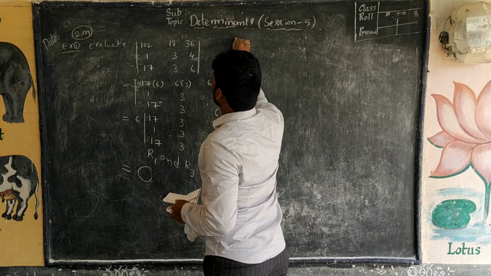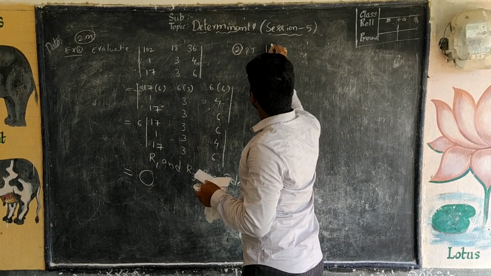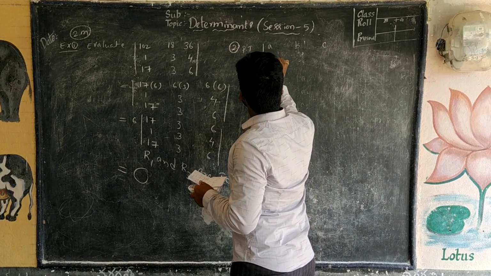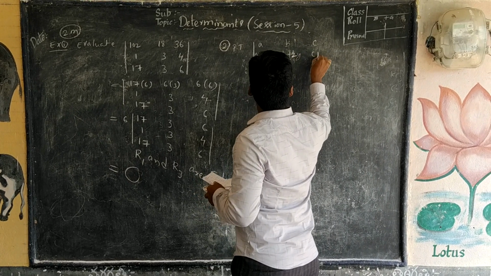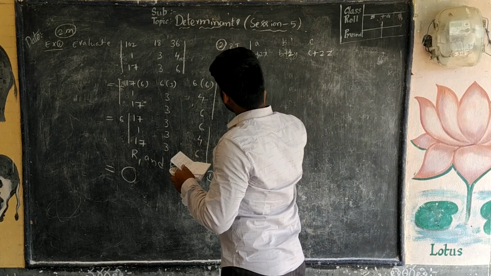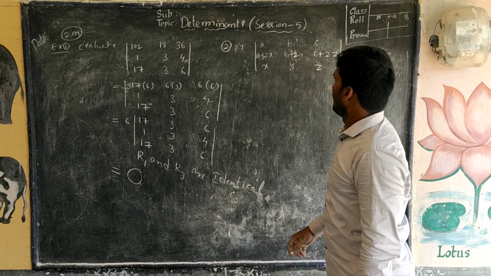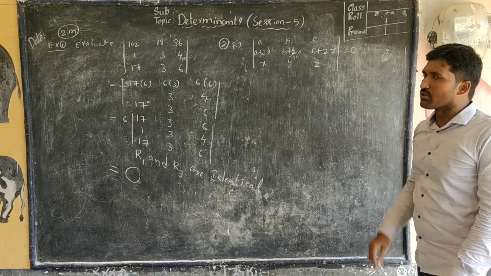We come to the next problem. Prove that the determinant of A, B, C; A plus 2x, B plus 2y, C plus 2z; x, y, z equals 0.